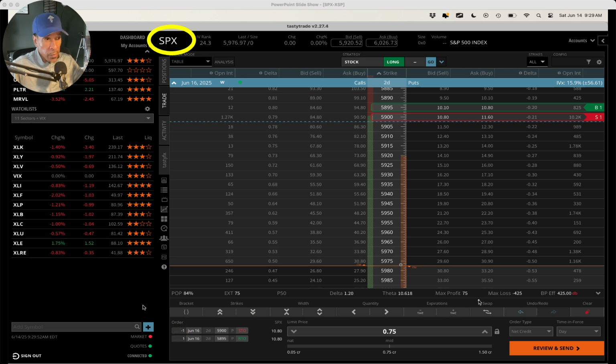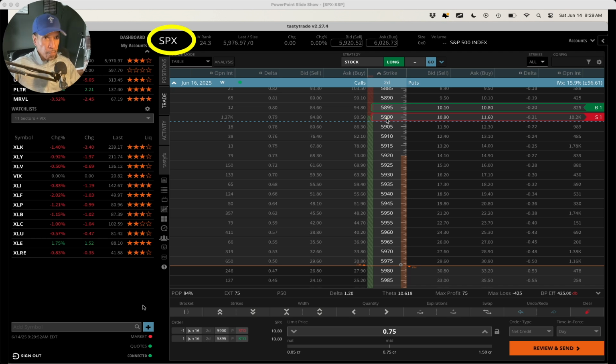But oh, by the way, we get a credit of $75, right? So we subtract 75 from 500, which leaves us with the maximum potential loss of $425 with a max profit potential of $75 if the price of SPX does not fall below 5,900 on the day of expiration at 4:00 p.m.